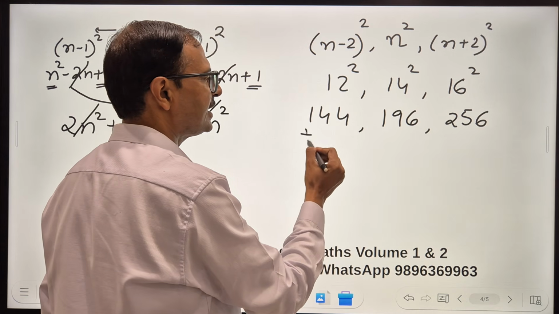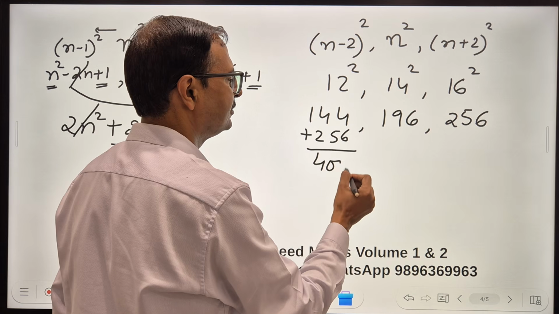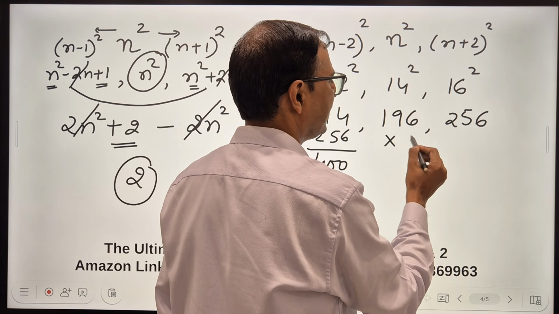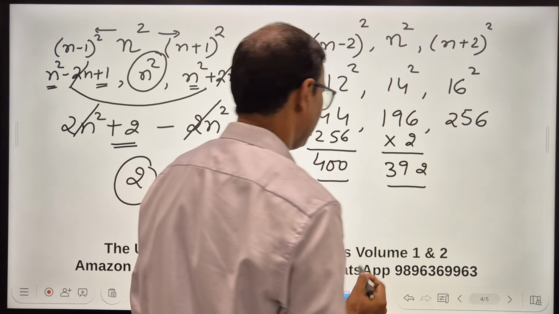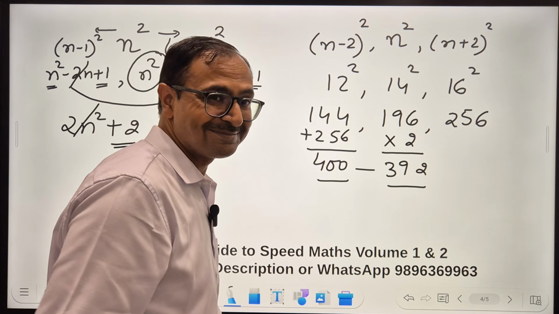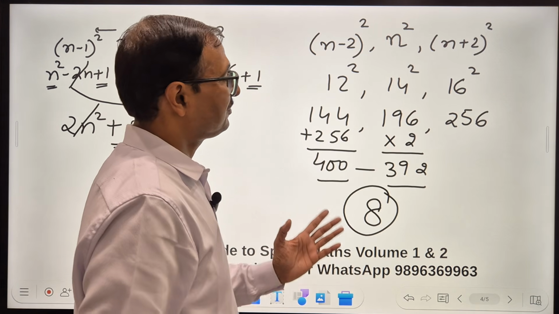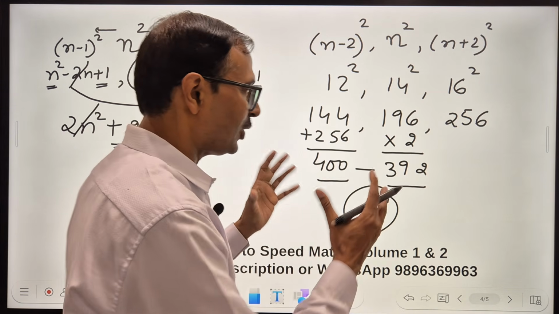Let's add the first and the last, 144 and 256. You get exactly 400, right? And how about doing double of the middle now? Double of 196 is 392. Now what is the difference? The difference this time is 8. Now you need to crack the logic, okay? Just try to work and crack the logic.